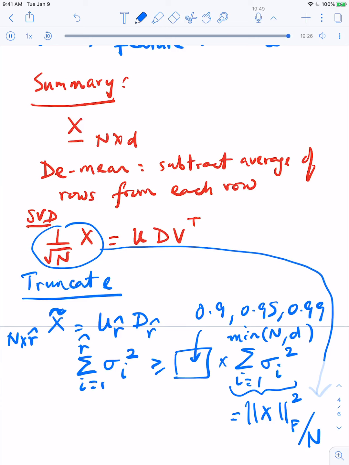So in that context, that's the bar you're looking at: do I get it to within 0.9 or 0.95 or 0.99 of this overall energy, which, if I have gotten rid of the mean, can be thought of as the overall variation or variance in the features.